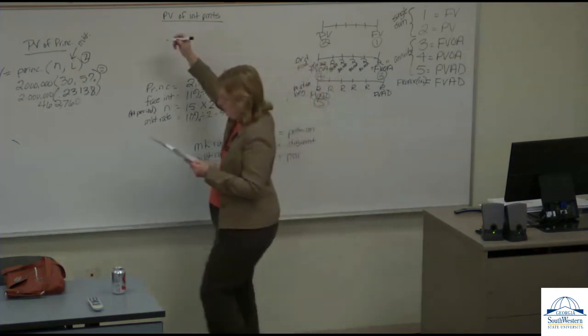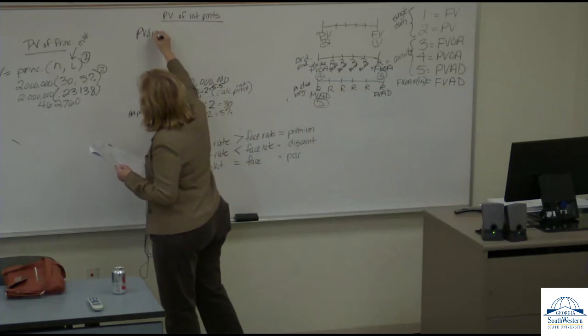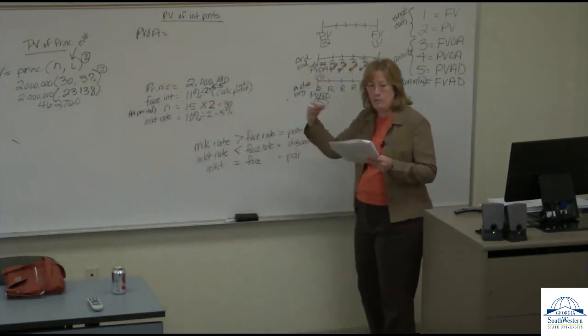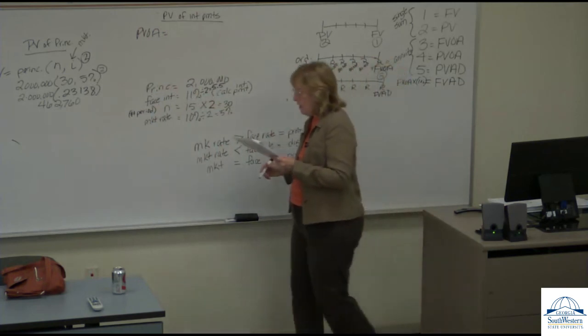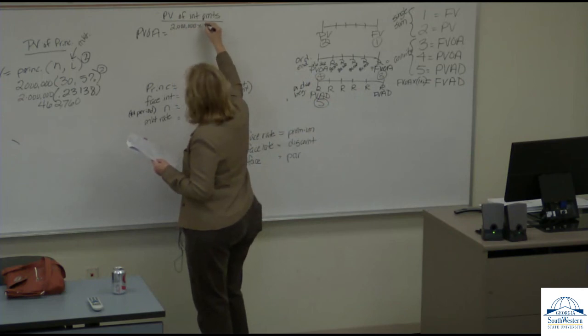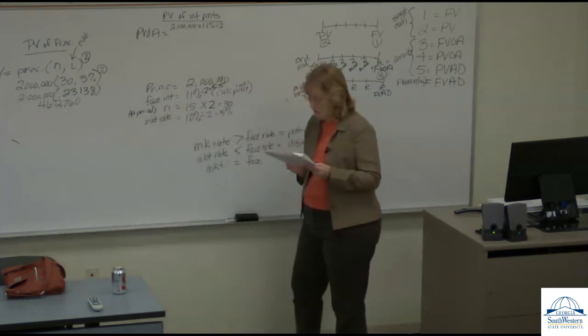Okay, let's figure that out. This is an ordinary annuity, right? Because we're getting them at the end of the period. And the amount of the interest payments is $2 million times 11% divided by 2. Okay, so what does that work out to?